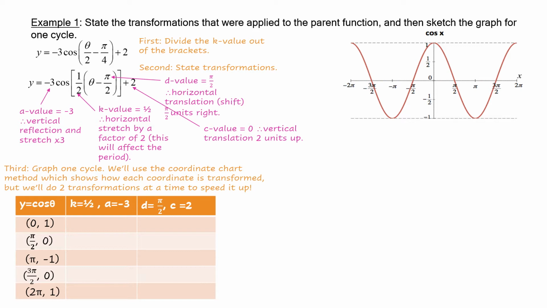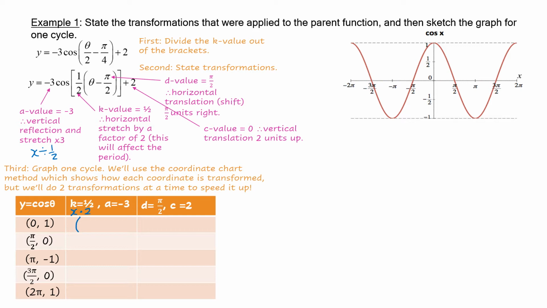So a k value of 1/2 means I'm actually taking all of the x coordinates and I'm going to multiply them all by 2, because really what you're doing is you're taking your x values and you're dividing them by k, right? So we are taking x, we're dividing it by 1/2, which is x times 2. So that's what I'm going to do with all my x's. So if I just start off with that here, I'm going to open a bracket.